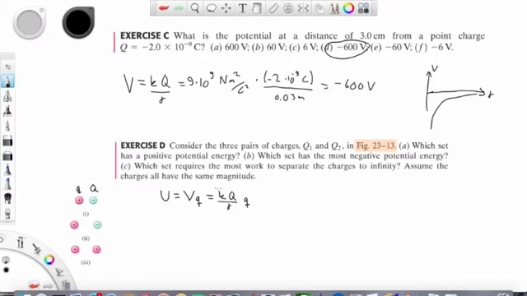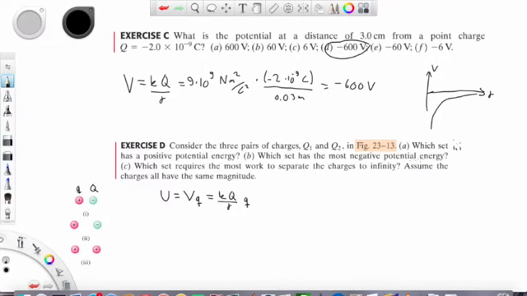So from here we can see, because Q is positive and q is negative, so these 2 pairs will have negative potential energy. But in this case, both charges Q and q are positive. So the third set will have positive potential energy.